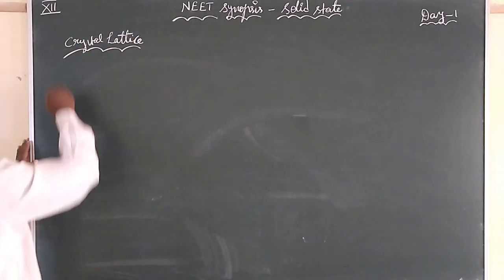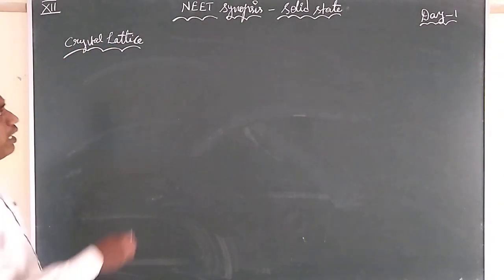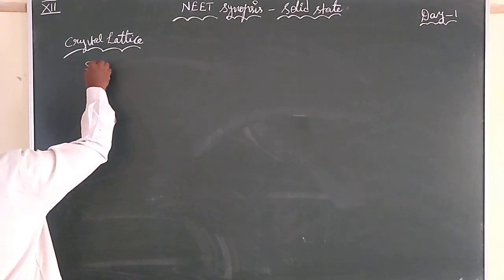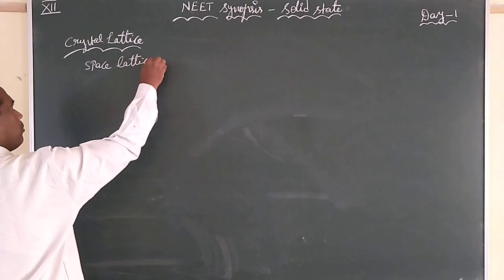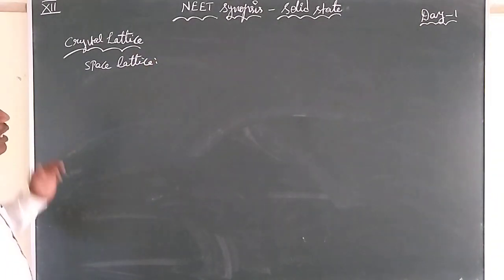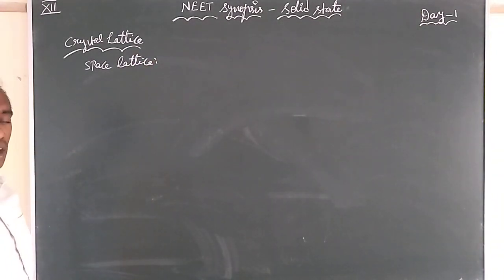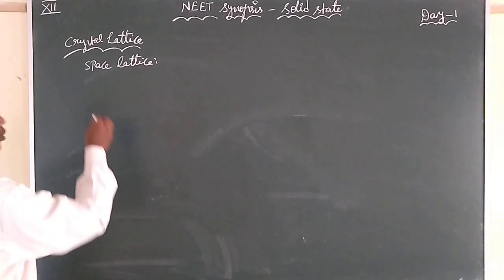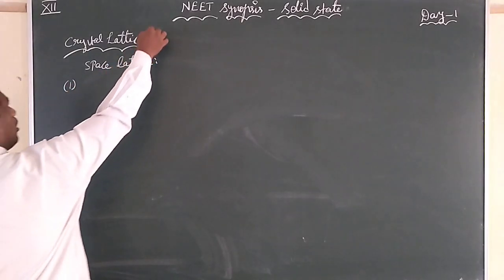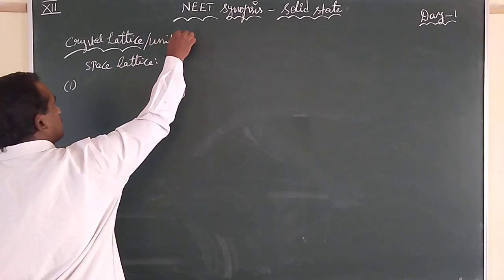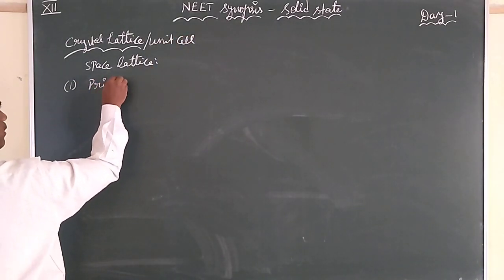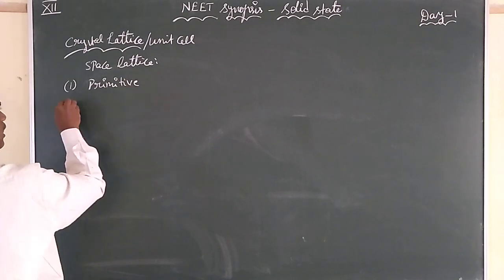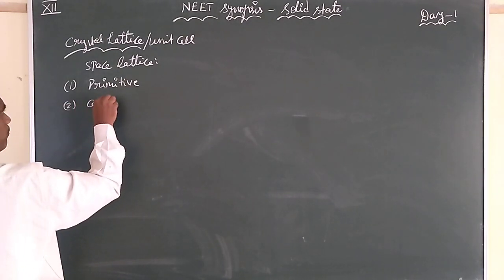From these crystal lattices, simple questions will be given, like how many space lattices are there? Before we go to the space lattices, unit cells are of two types. How many types of unit cells are there, children? Primitive type and the centered unit type.